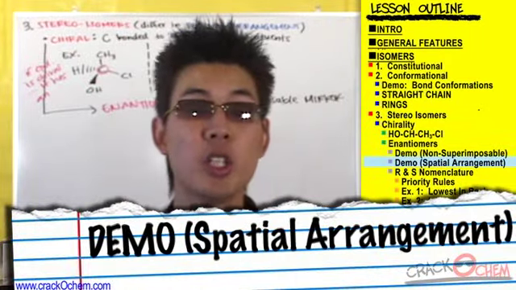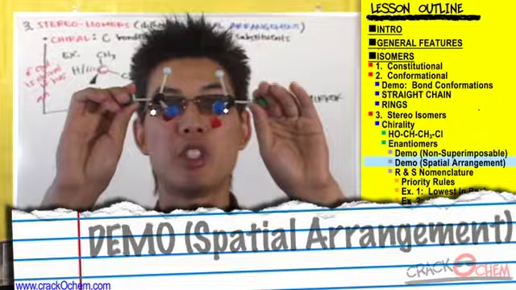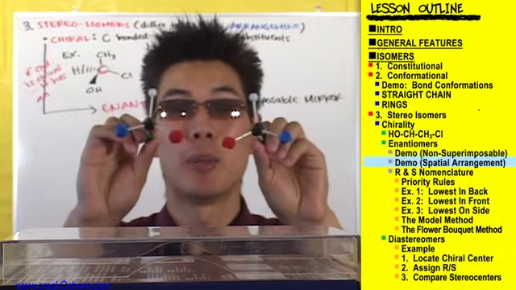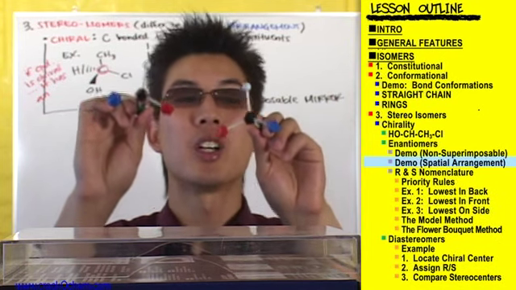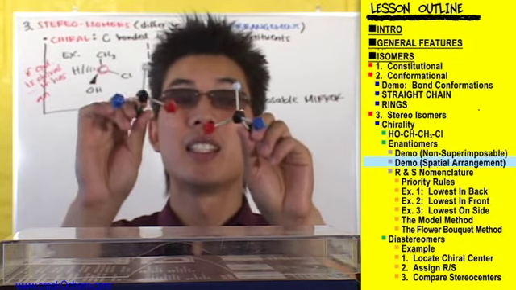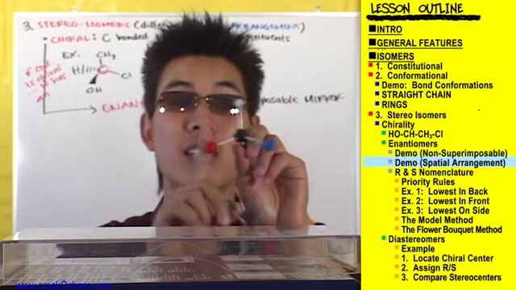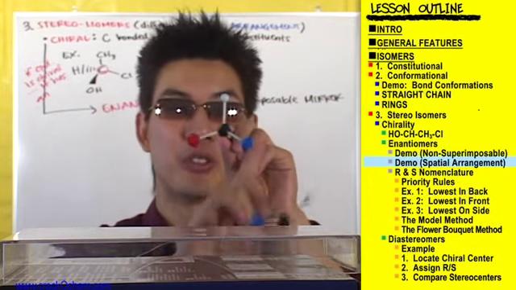Okay, so let me go ahead and tell you guys one more thing while I have these models out. I went ahead and resubstituted the green substituents on here so that we would have chiral compounds once again, compounds with 4 different substituents on a central carbon. So these two compounds are stereoisomers of each other because they have the same connectivity, same atoms, but different arrangement in space. For example, this compound goes from red to white to blue in a clockwise formation.